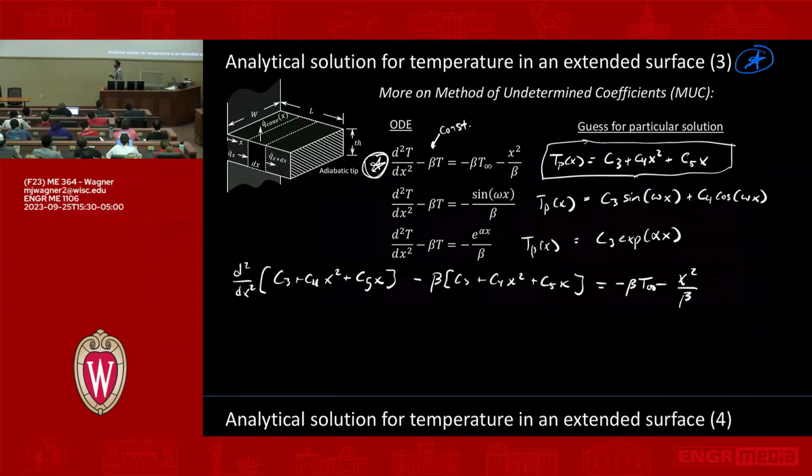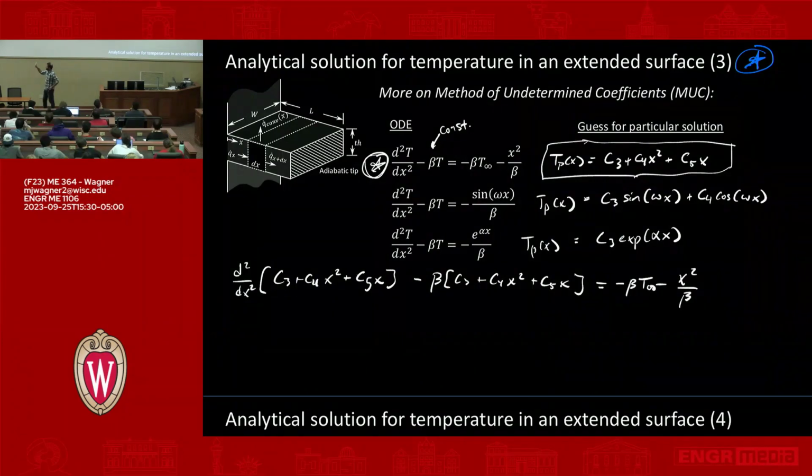So the thing that you have to recognize here is that the different terms multiplying the x squared constant are what we call linearly independent, right? Meaning, if you think about this solution, anything involving x squared has to be satisfied by anything else involving x squared.